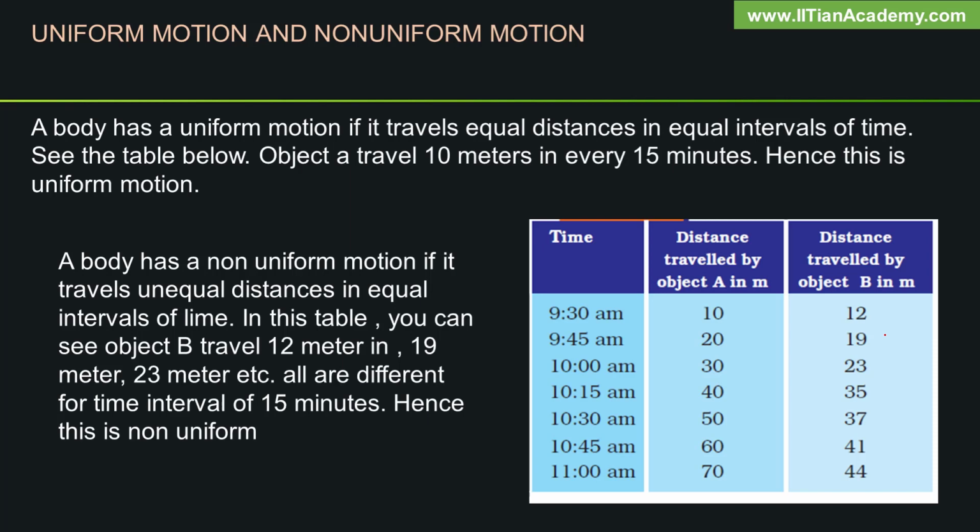Here, we will learn about uniform and non-uniform motion. A body has a uniform motion if it travels equal distances in equal intervals of time.